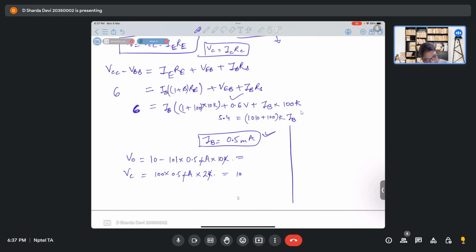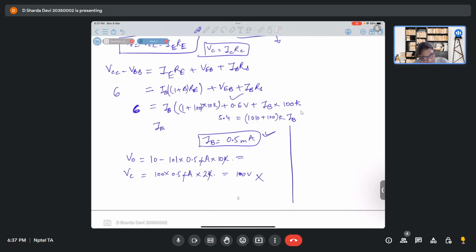It's actually 100. But is 100 volts possible? No, right? Because maximum VCC is 10 volts. So that means there is something wrong with our calculations.